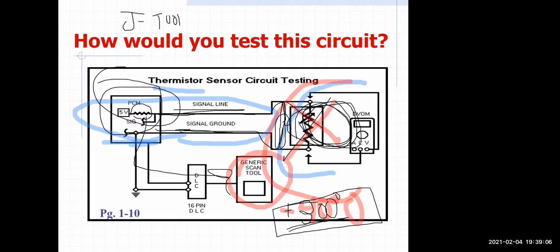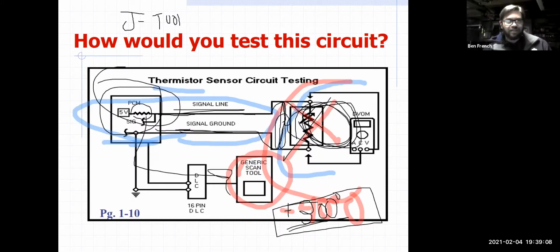Okay. Now there's a couple variables, right? Let's say it wasn't reading right because you didn't have enough coolant in the car, and the coolant wasn't actually touching the sensor. I mean, there are some weird scenarios, but by and large, if you've eliminated the computer side and the wiring side, you've proven that is working correctly.